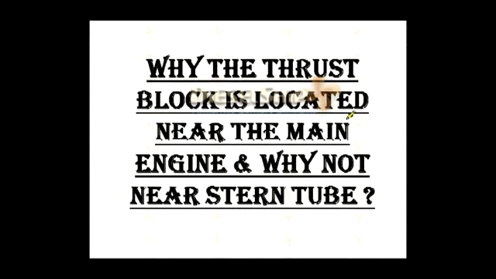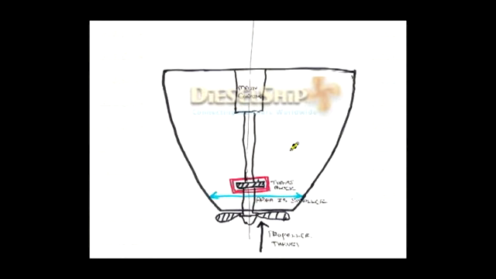Now the question should be why the thrust block is located near the main engine and why not near the stern tube. This is most frequently asked in the oral examinations. Alright, let's observe the picture.